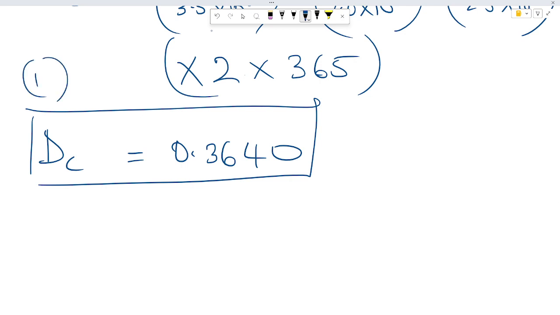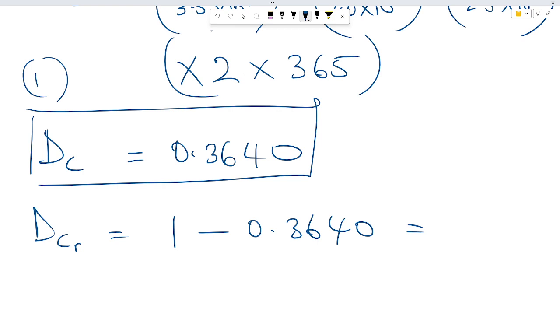That's one. Now, the next thing is to calculate the remaining DC. So what would be the remaining DC? The remaining DC will be 1 minus 0.3640, which is 0.64.